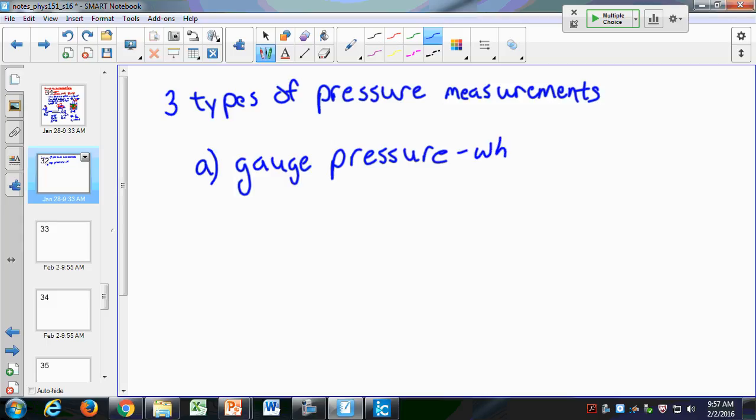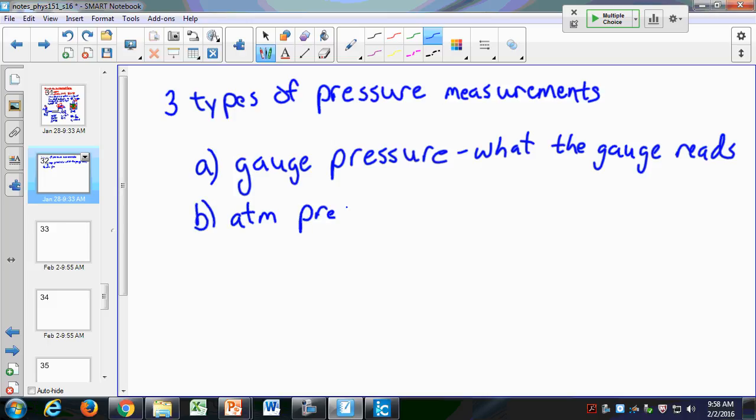I'll show you a video in just a second on how they make these gauges. It's pretty cool, actually. The gauge pressure is what the gauge reads. The other pressure is atmospheric pressure, which is just the pressure due to the atmosphere.